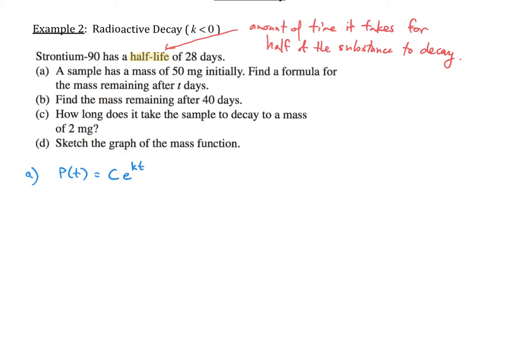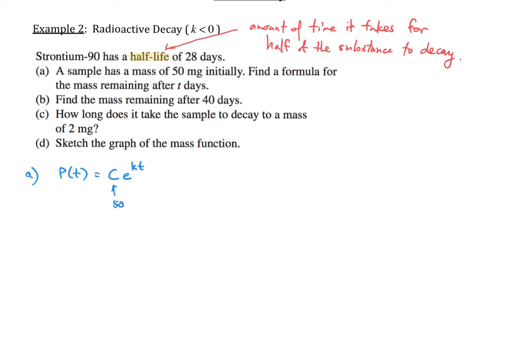And when they tell me that it has 50 milligrams initially, they're really telling me the value of C. So this means that I can insert a 50 for C.